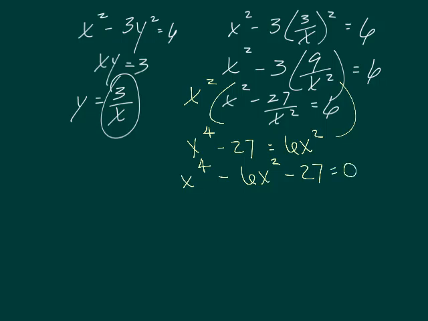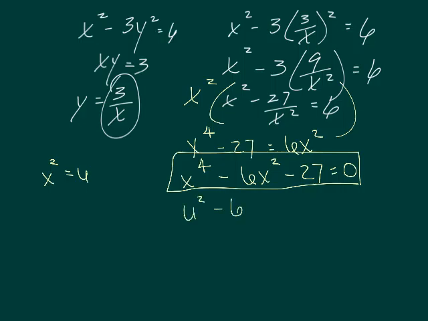There. So that's what we get as our equation. As you've learned before, when you have an x to the 4th, we're going to take x squared equals u. Therefore we can write this as u squared minus 6u minus 27 equals 0.